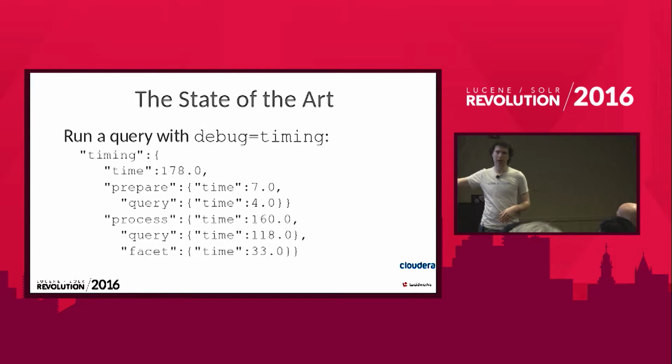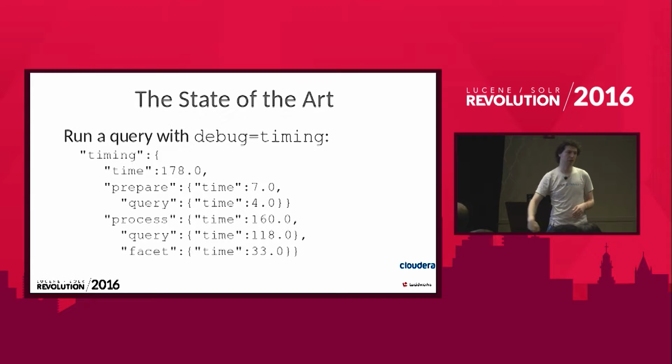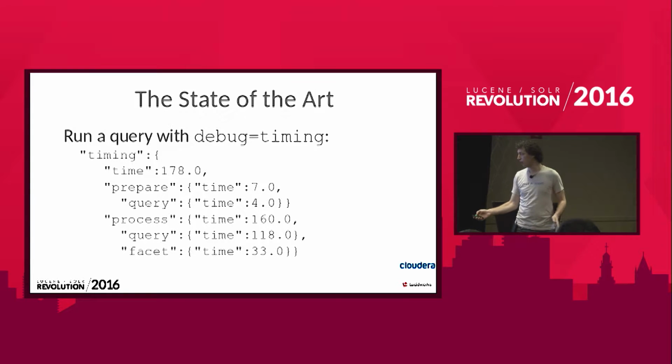I actually cut out a lot of zeros from this because normally it gives you a lot more information. But we see that processing took 160 milliseconds, query took 120, faceting took 30, and we'll say that this is like a typical baseline query. But the interesting part is that, hey, we can actually get this kind of breakdown.